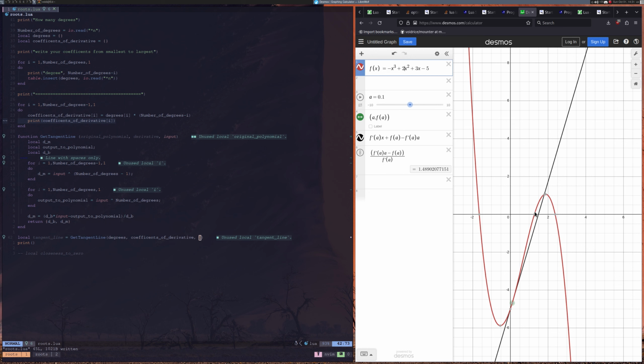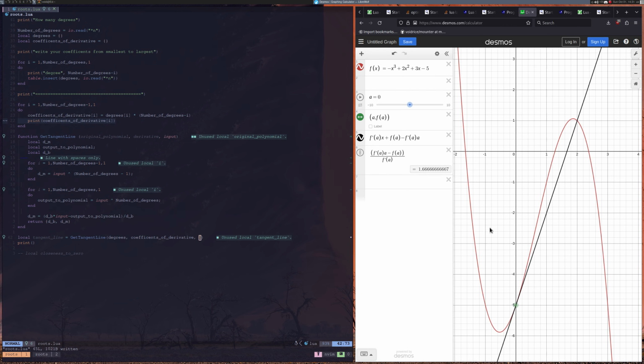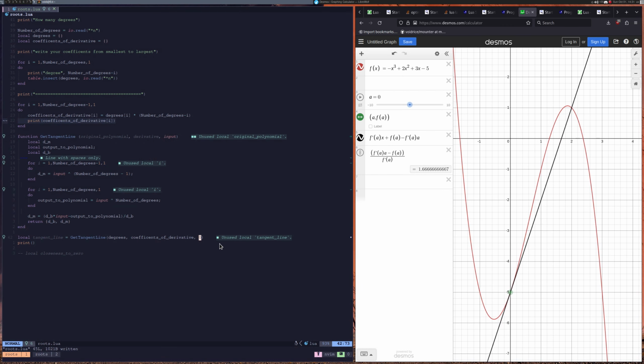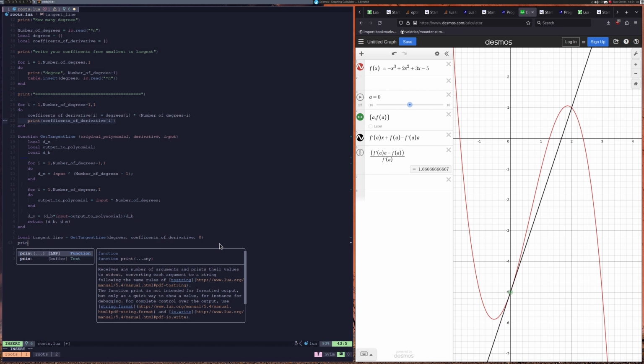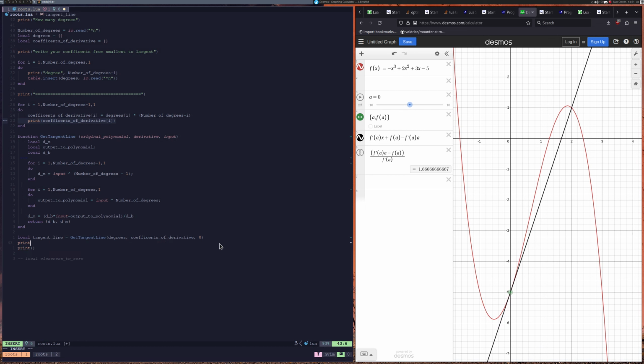All right. Now we got a print. Oh, we already have a print statement here. Okay. Tangent line 1.